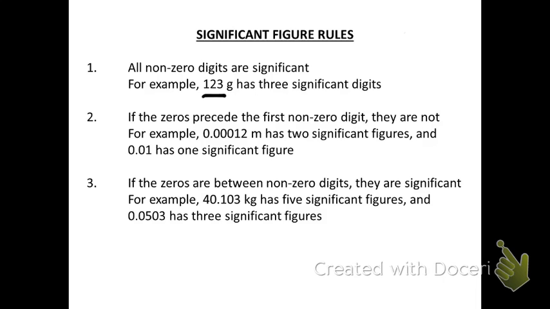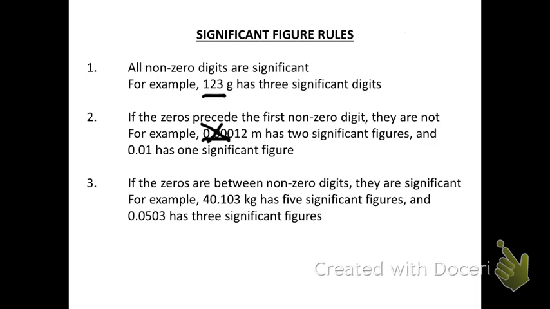Okay, let's erase this. And let's take a look at rule number 2. Rule number 2 says if zeros precede the first non-zero digit, they are not significant. For example, if you had a number of 0.00012 meters, it will only have 2 significant figures. That's because these zeros right here are not significant.